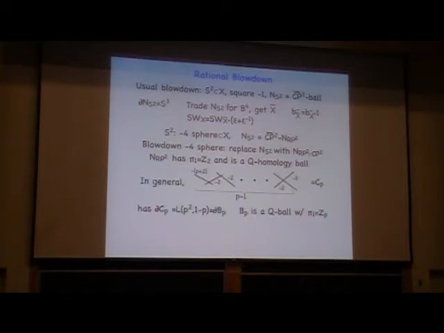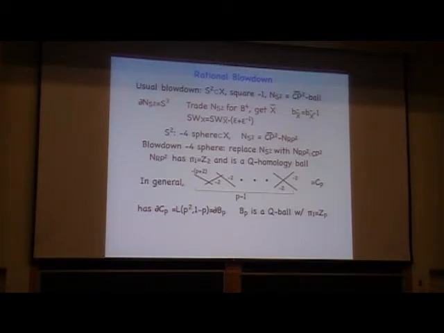Okay, so here's what you have in general. Suppose you have a string of spheres, each intersecting the next. And suppose you have p minus 1 of them, and all of them have self-intersection minus 2. So you've got p minus 2 spheres of self-intersection minus 2, and then at the front of the parade there's a sphere of self-intersection minus p plus 2.